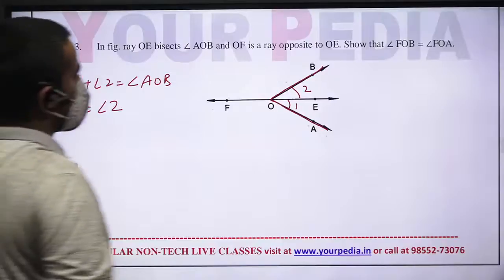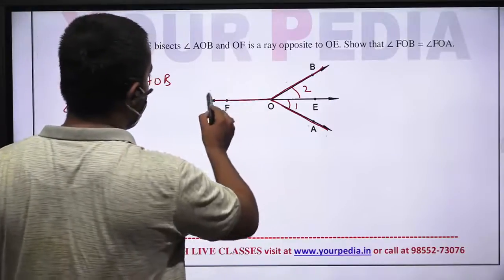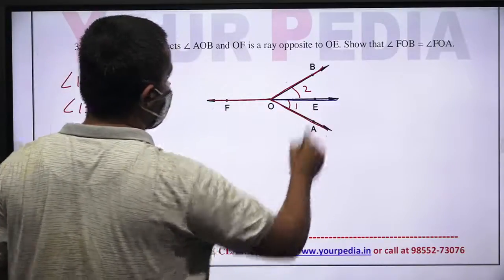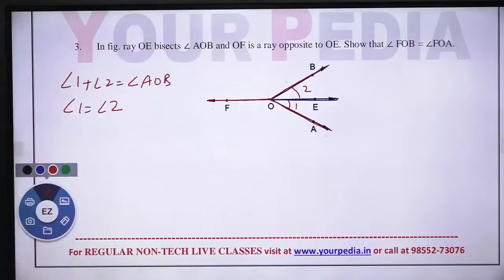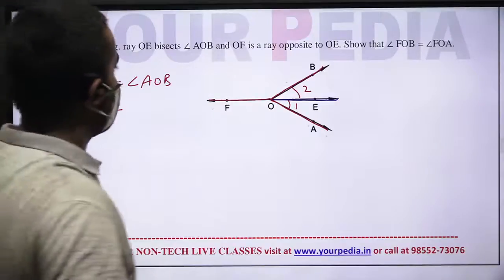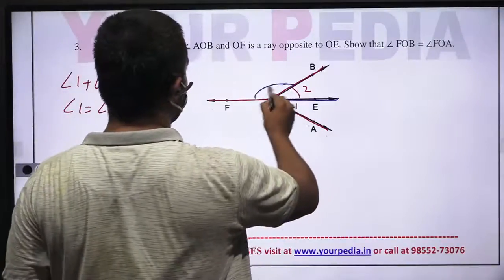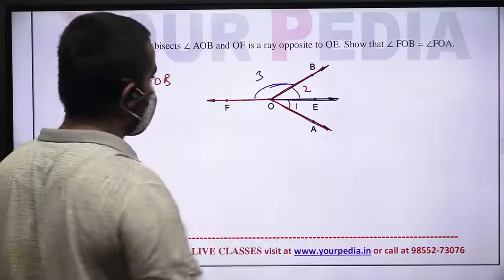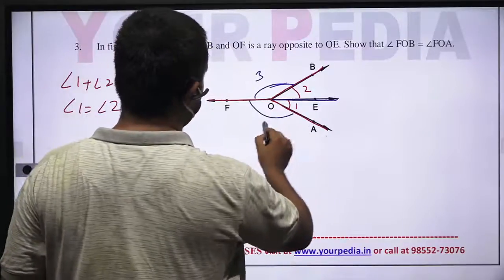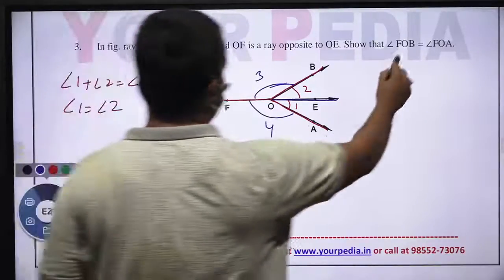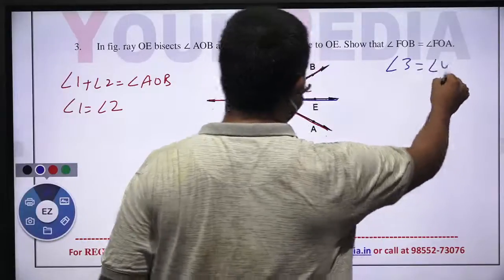OF is a ray opposite to OE. Show that FOB, this angle, let's say 3, is equal to FOA. So we have to prove angle 3 is equal to angle 4.